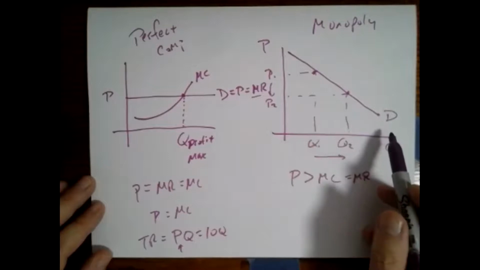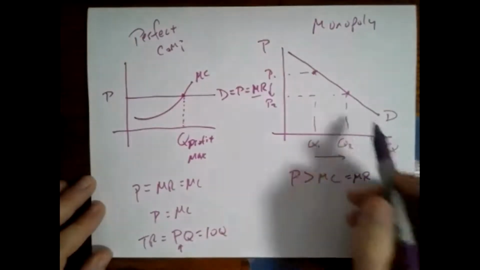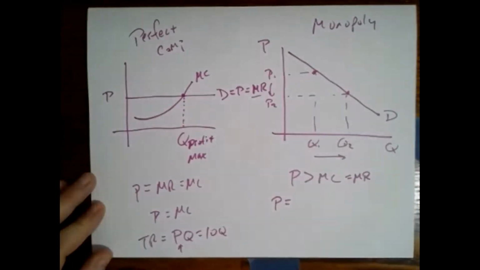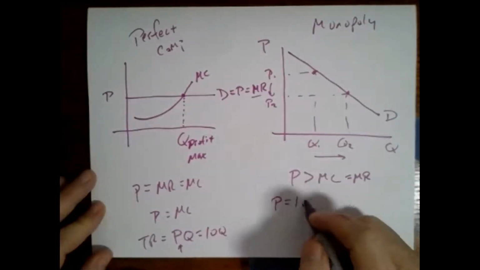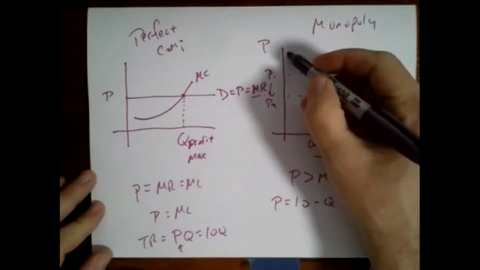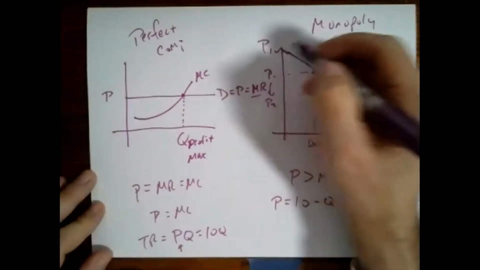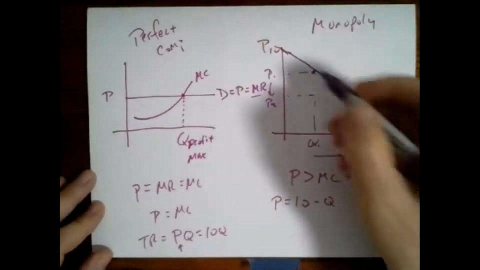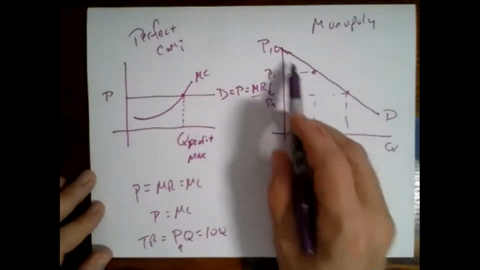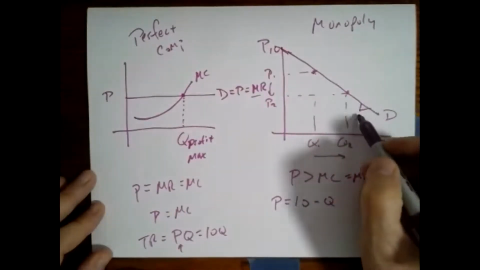Over here, the price function is the inverted demand curve. So it's going to be something like P equals 10 minus Q, right? That would describe this curve pretty well, where our maximum price, our y-intercept, is 10, and it goes down at a slope of -1.